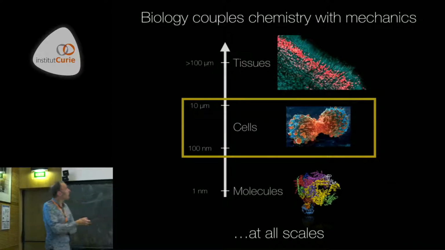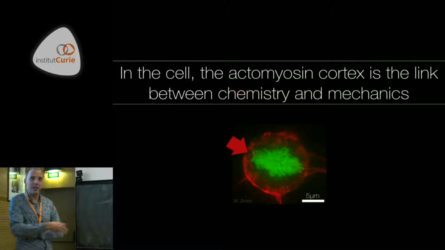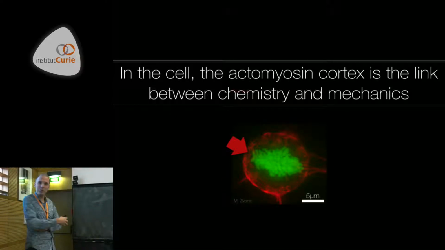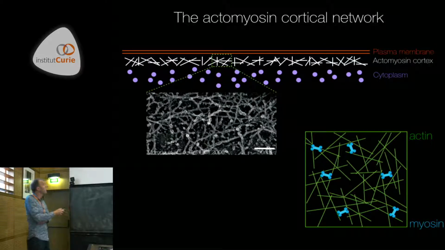All right, so let's move to the scale of the cells. I've already told you, we're going to talk about actomyosin, and in the cell, this link between the chemistry and the regulation and the mechanics is really provided by this actomyosin cortical layer. This is a thin structure that separates the plasma membrane of the cell from the cytoplasm.